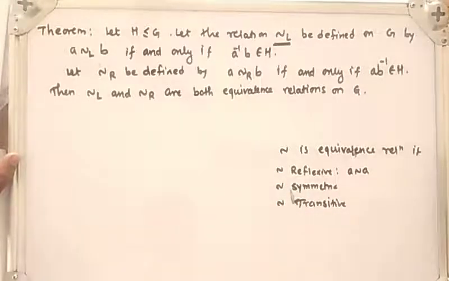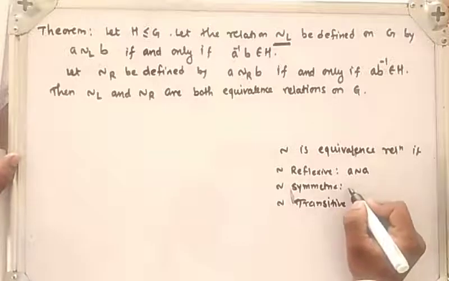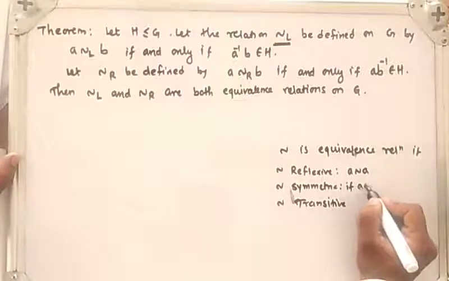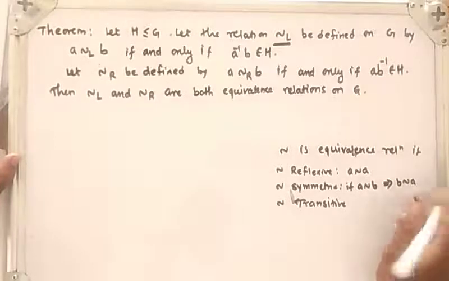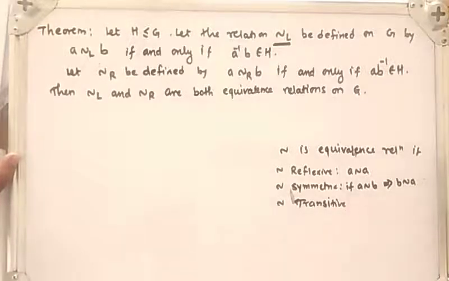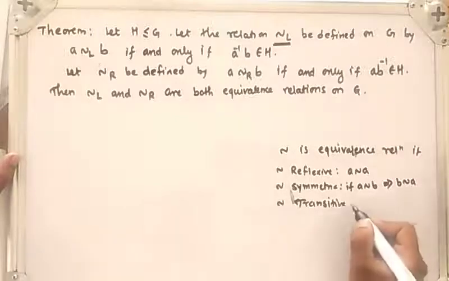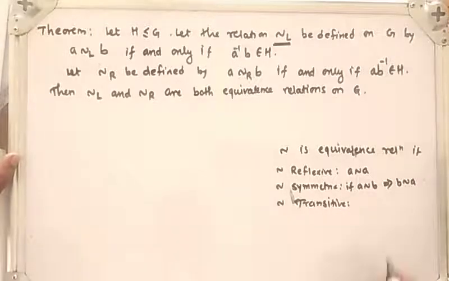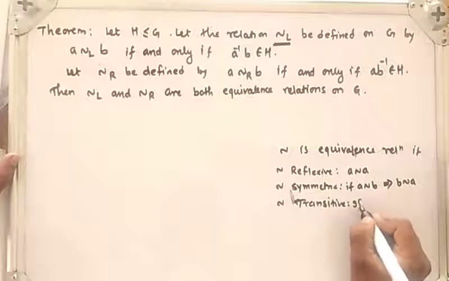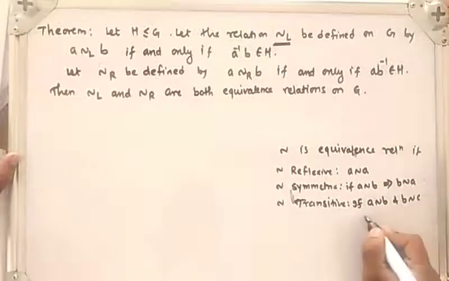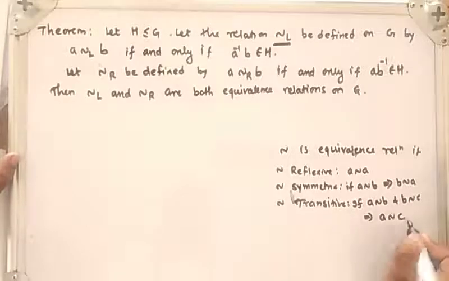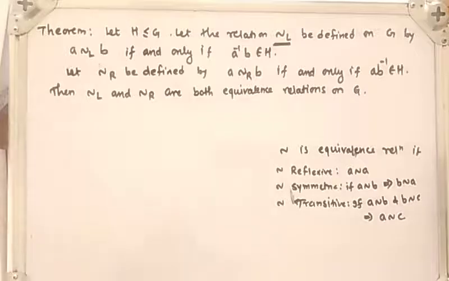For a symmetric relation, if A is equivalent to B, then B must be equivalent to A. For a transitive relation we want three elements: if A is equivalent to B and B is equivalent to C, then A is equivalent to C. If these three conditions are satisfied, then tilde is an equivalence relation.